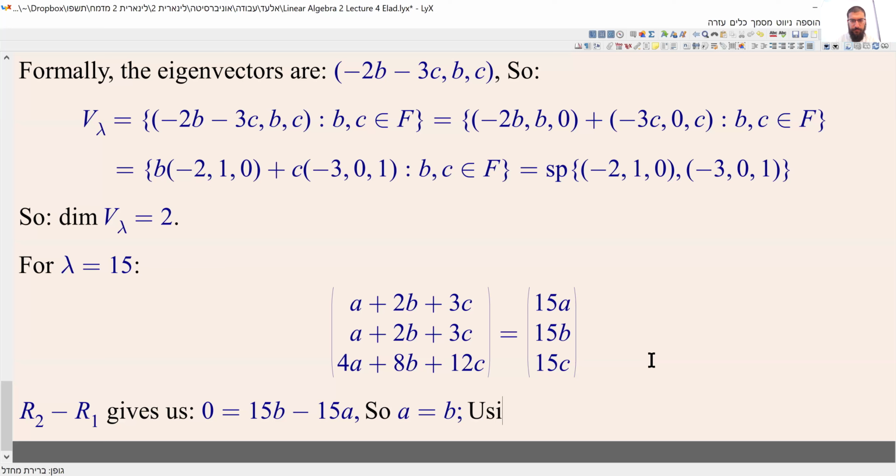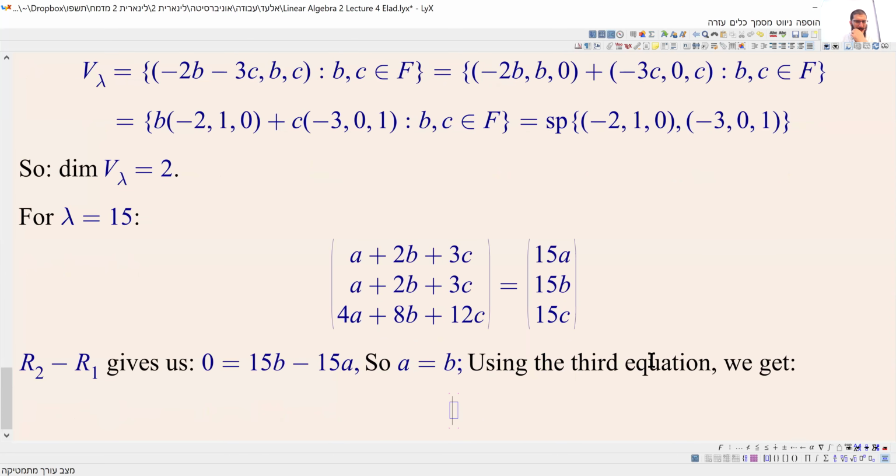Using the third equation, we get 15c is 4a plus 8b plus 12c, but a is b, so we have 4b plus 8b plus 12c, not 12, 8.